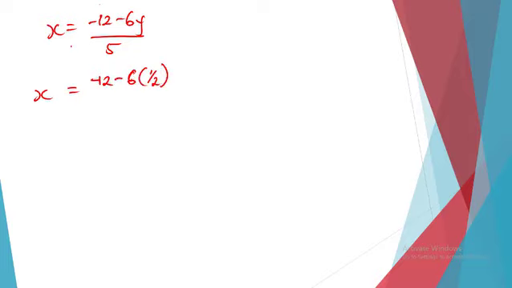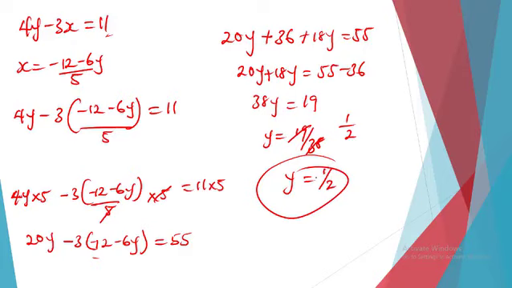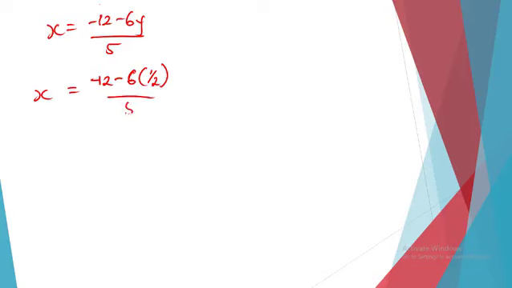We have x equal to minus 12 minus 6y all over 5. Therefore, x is equal to minus 12 minus 6 into 1 over 2, all over 5.